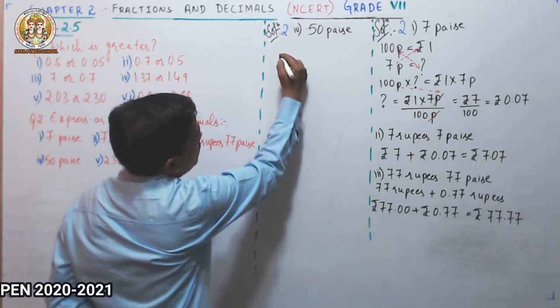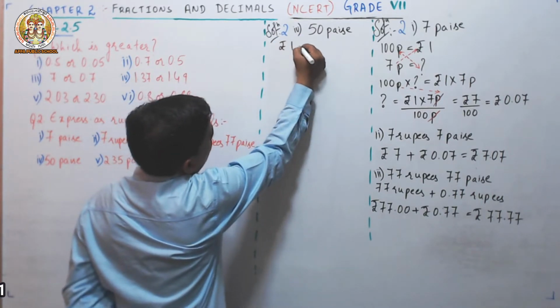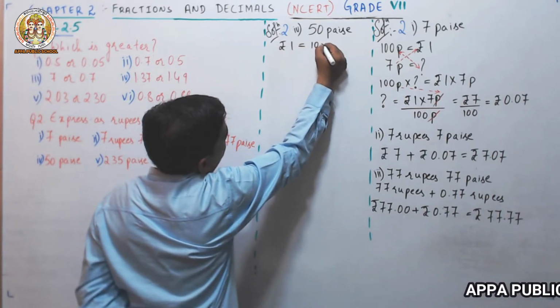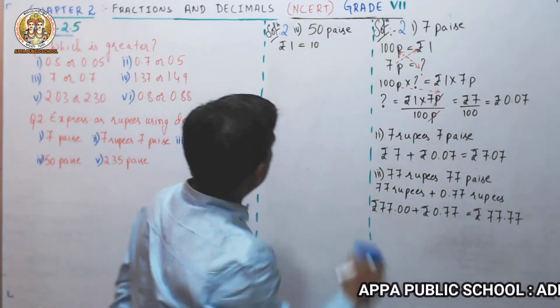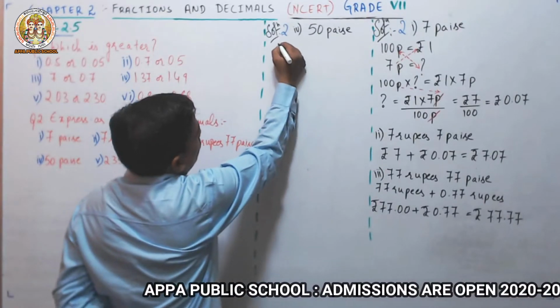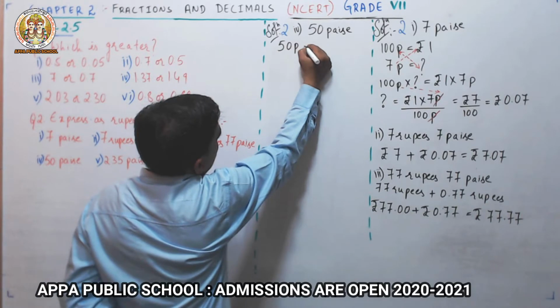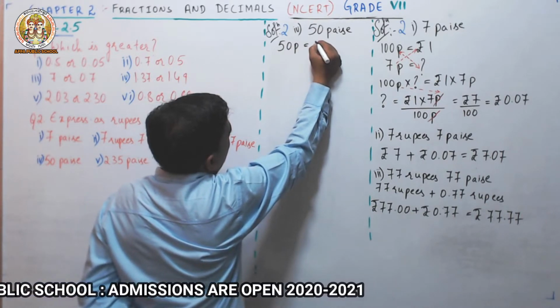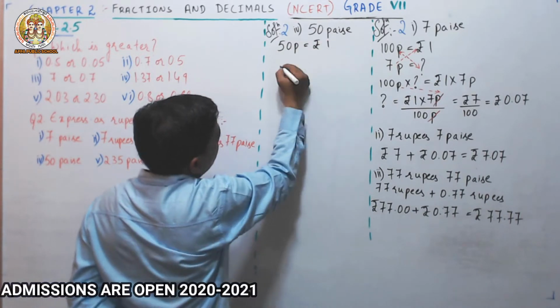Or else I will write it in reverse. Rupee 1 is equal to 100 paise, or else 50 paise. Wait a minute. 50 paise is equal to 1 rupee.